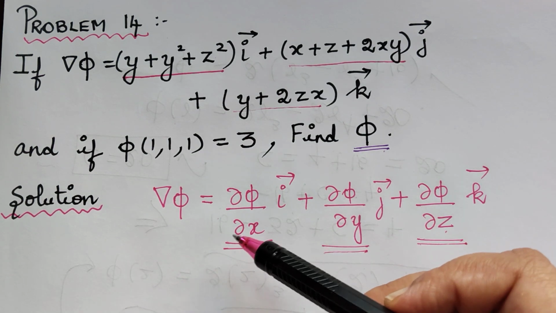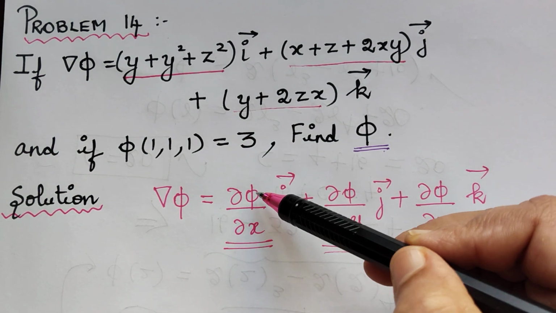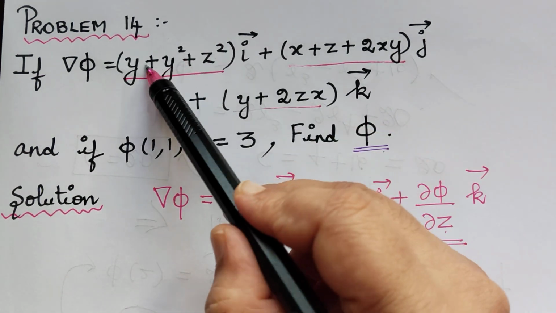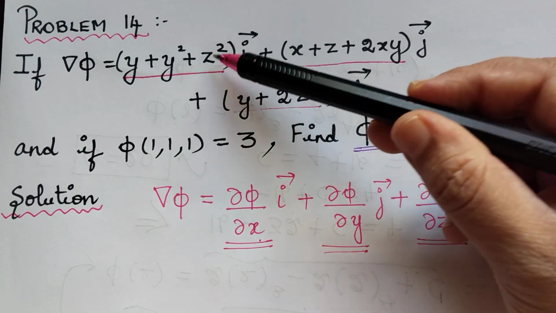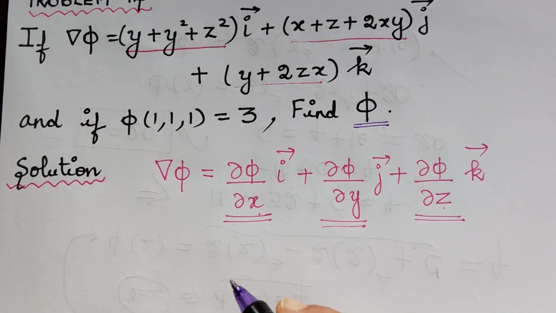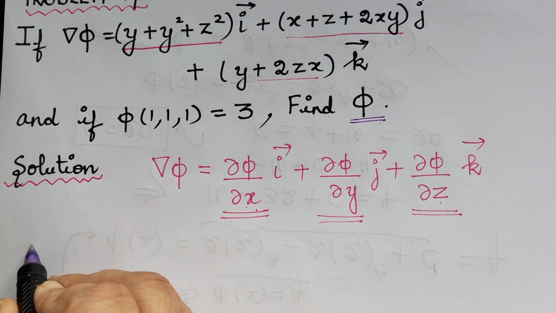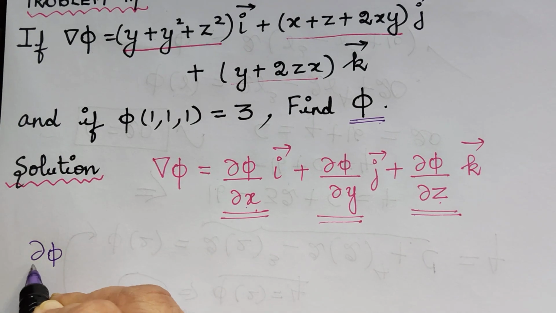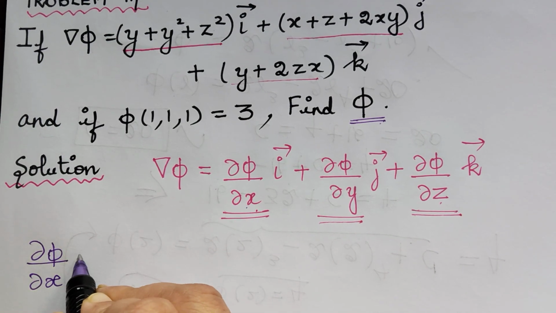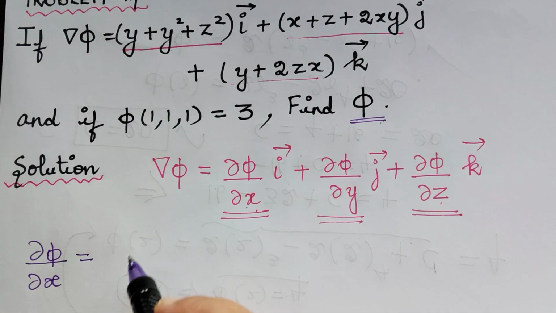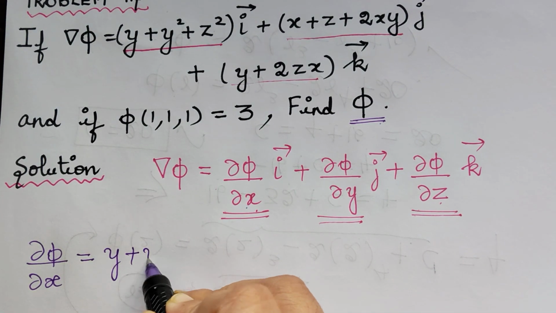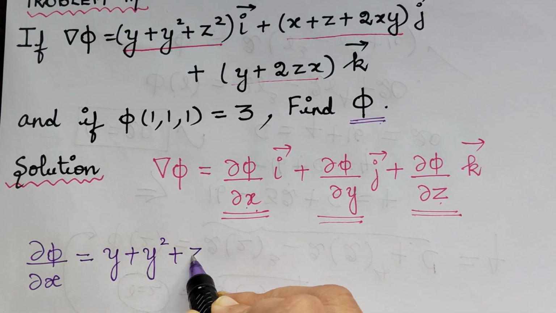Let us write that. First we will write dou phi by dou x, the i component. By comparing component wise, the first component is the i component and we get dou phi by dou x is equal to y plus y square plus z square.